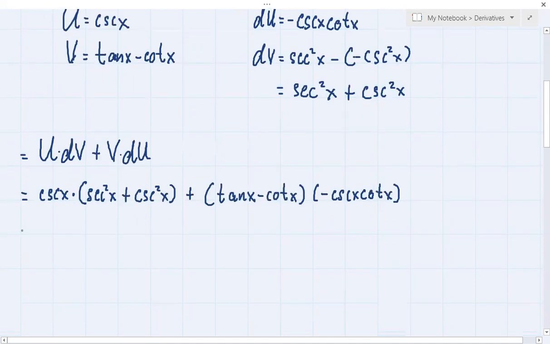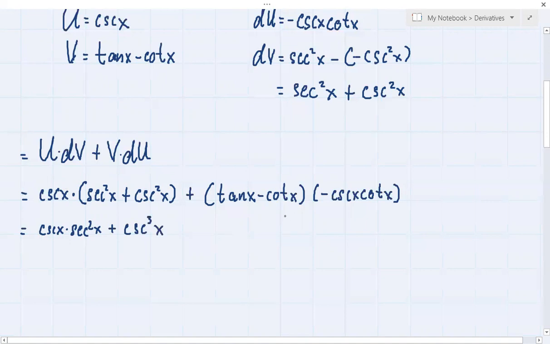Ayan. So now, we can now simplify. Okay? So, in here, try natin itong i-distribute si cosecant x at saka dito sa expression na to. So, cosecant x times secant squared x, we will have cosecant x times secant squared x. Ayan, okay. Next, cosecant x times the square of cosecant. So we will have cosecant cube of x.